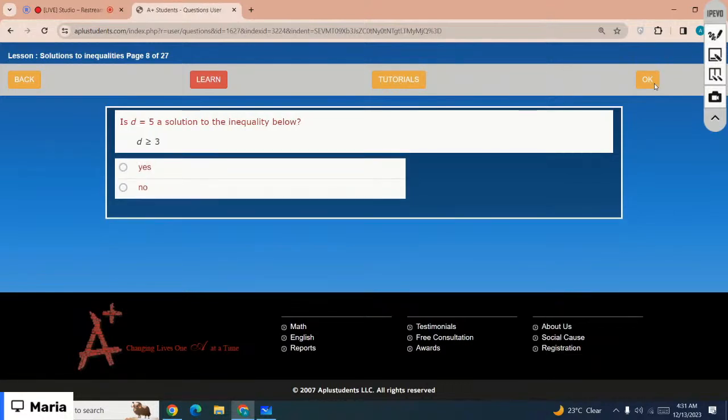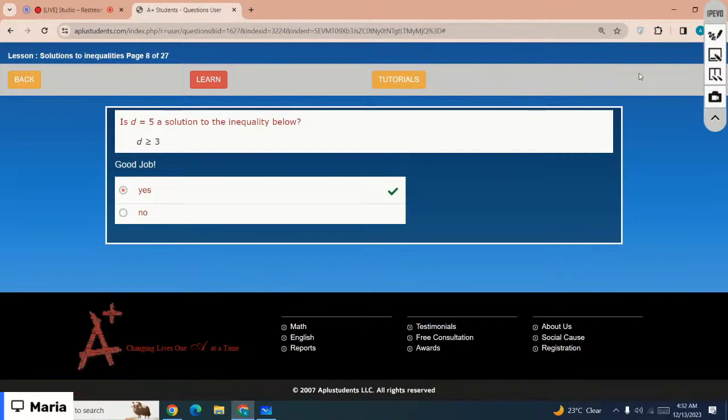Okay, the next one is d equals 5. Is d equals 5 a solution to the inequality below, which is the correct option? 5 is greater than or equal to 3. Yes, it is. The correct option is yes, right?